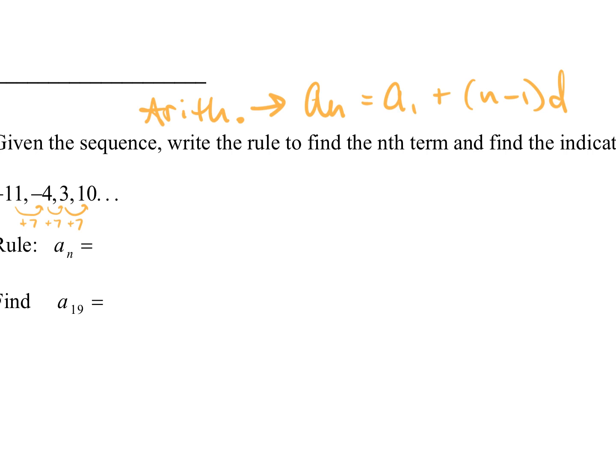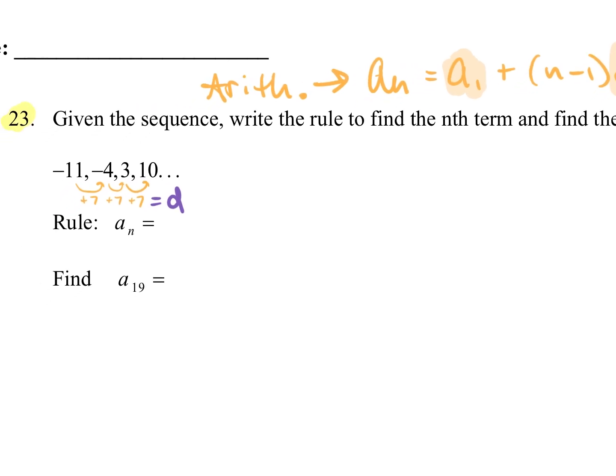So when we write the rule, we need to plug in our common difference and the first term. So a sub 1 and d. What's our common difference? 7. And what's our first term? Awesome, negative 11. So we have a sub n is equal to negative 11 plus n minus 1 times 7.